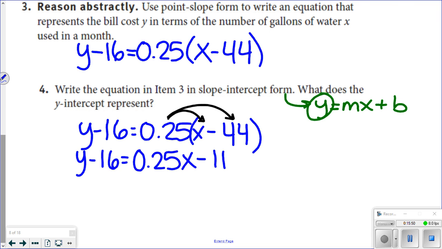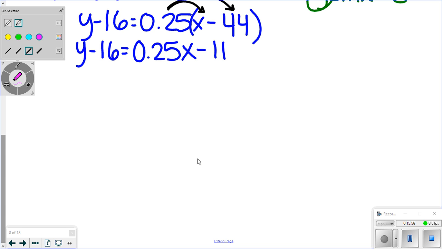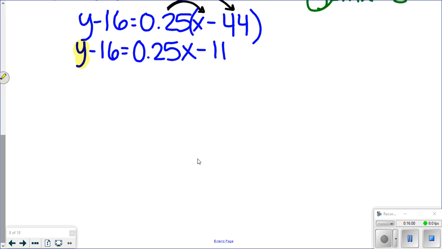Okay, but I still am not done because I have not fully solved for y yet. I see that y is not alone on one side. There is a minus 16 after that. So I want to take that and move it over to the other side. So do the opposite operation. So add 16.